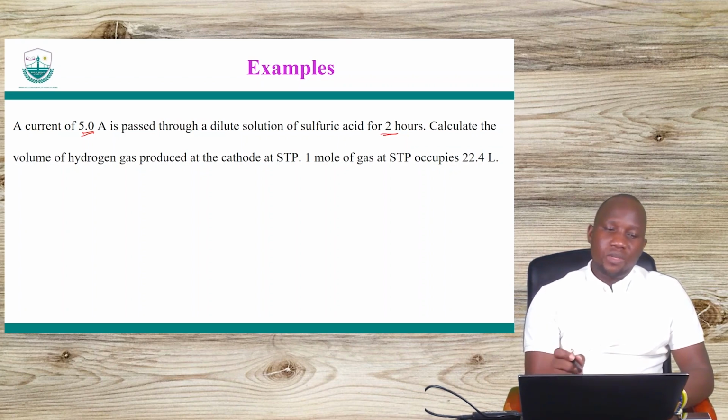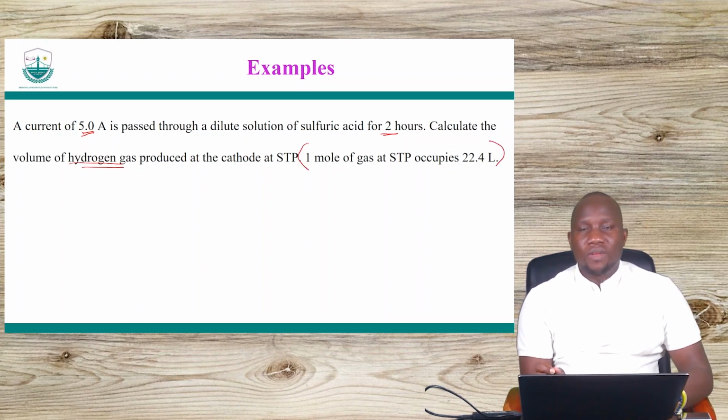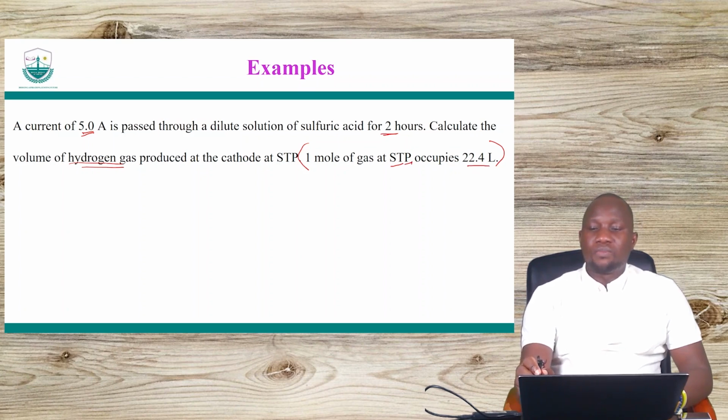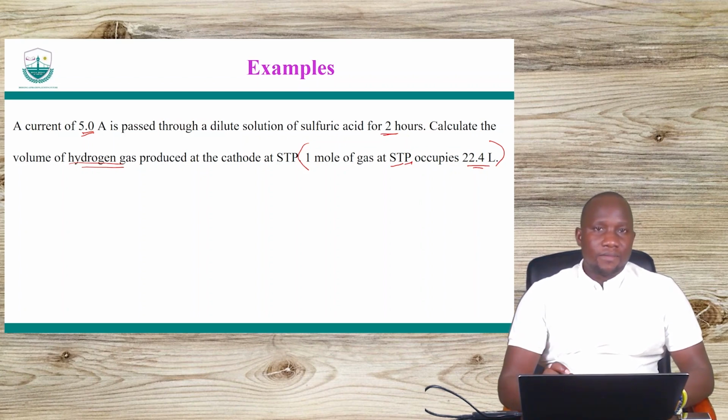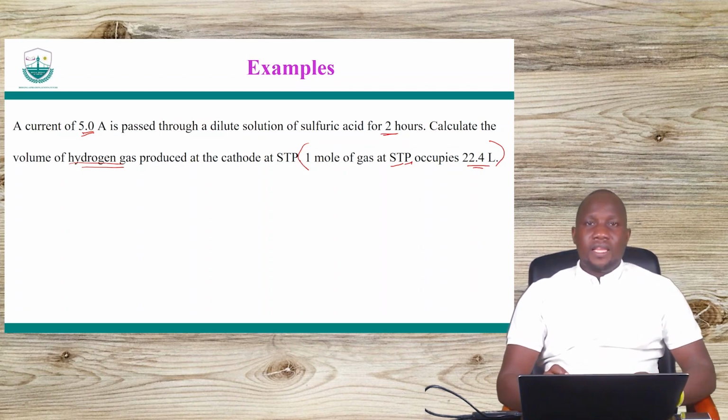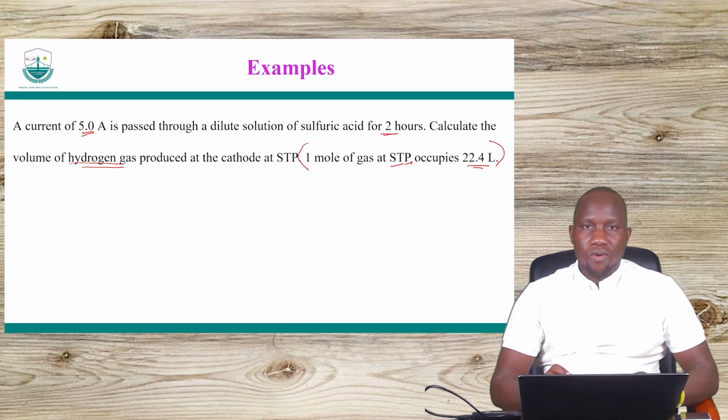They are saying calculate the volume of hydrogen gas produced. Remember, this is usually provided in brackets: 1 mole of a gas at standard temperature and pressure is 22.4 liters.